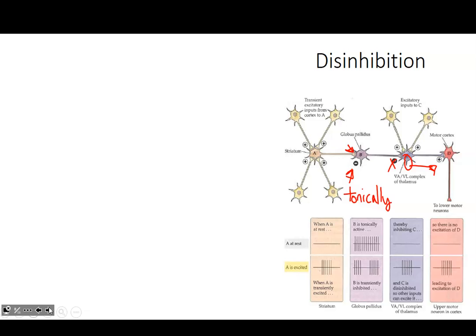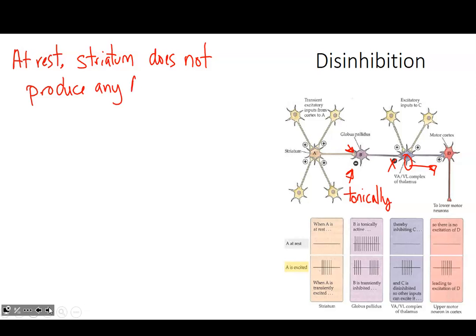Okay? So let's go through this in a little bit more detail. Let's look at the situation at rest first, and we'll use actual parts of the basal ganglia. So at rest, we can think of the striatum and the medium spiny neurons within the striatum as not generating any action potentials. Why?